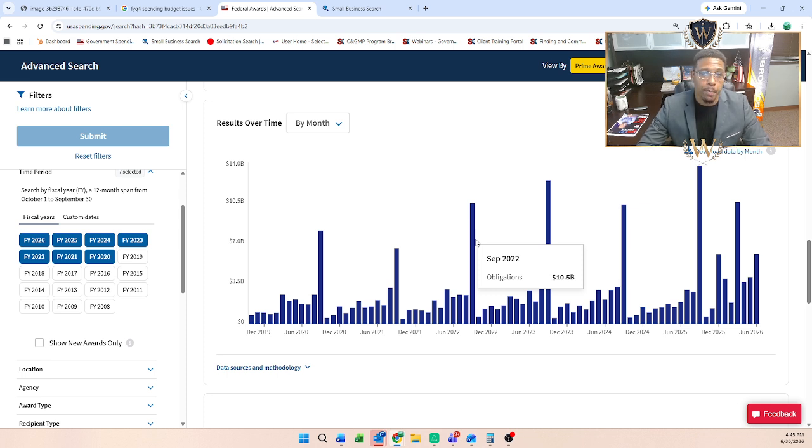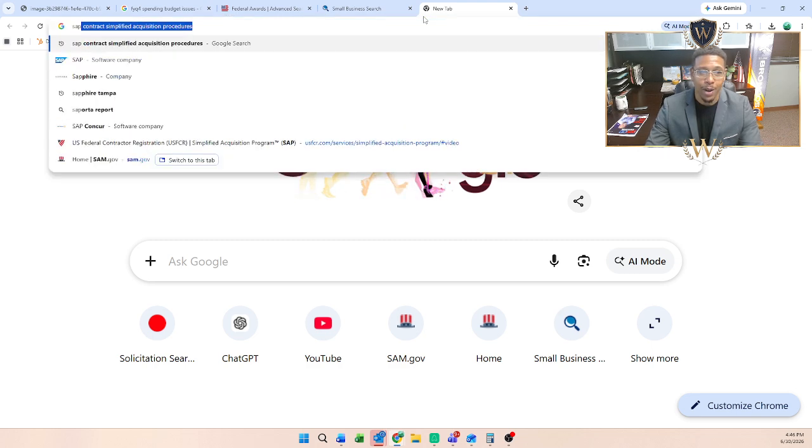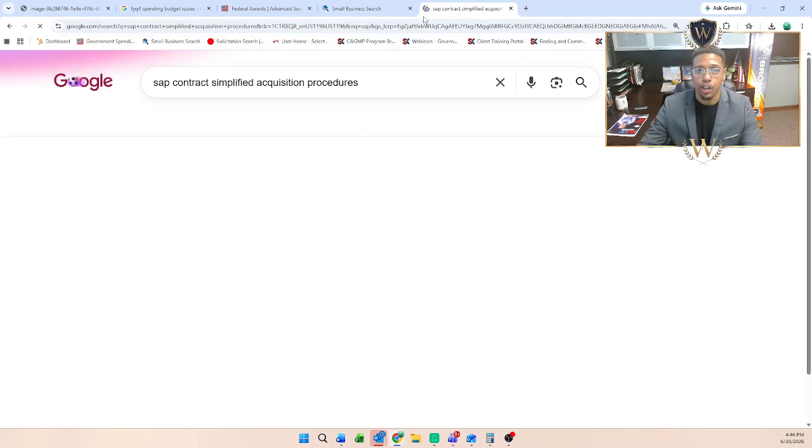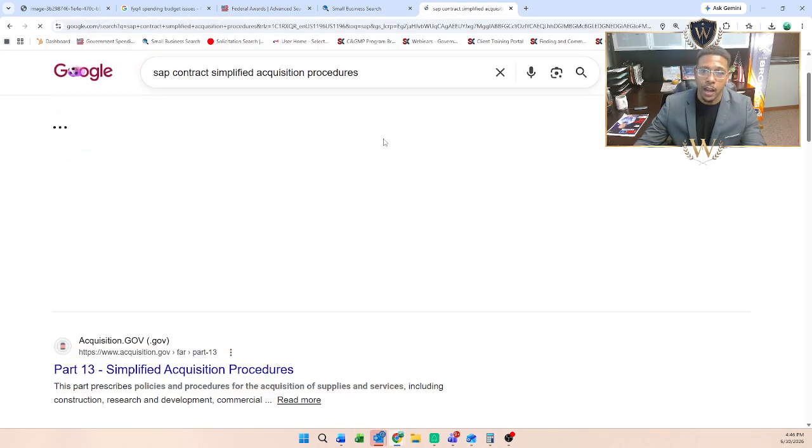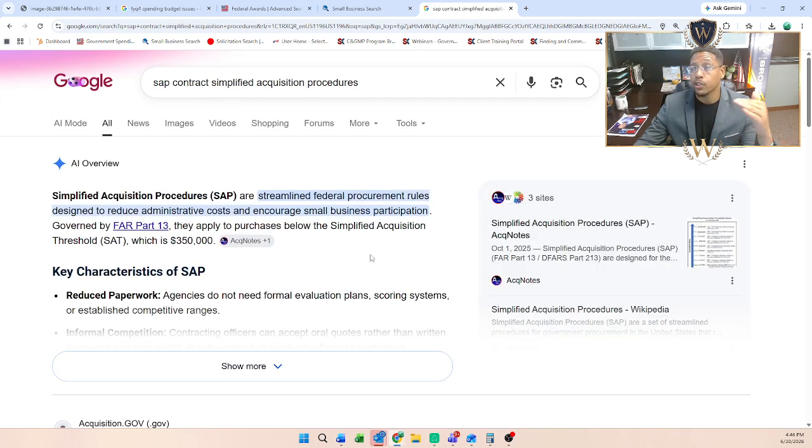Now, the cool part about Q4 is the government doesn't have a lot of time to sit there and wait 60 days for a bid. So a lot of these contracts are going to be done through what's called a simplified acquisition procedure. If you're not familiar with what an SAP contract is, highly recommend just Googling SAP contracts, and they're going to give you a breakdown of exactly what these are. These are essentially contracts that are under $350,000 that do not require the federal Part 15 requirements, which make proposals a lot more technical.